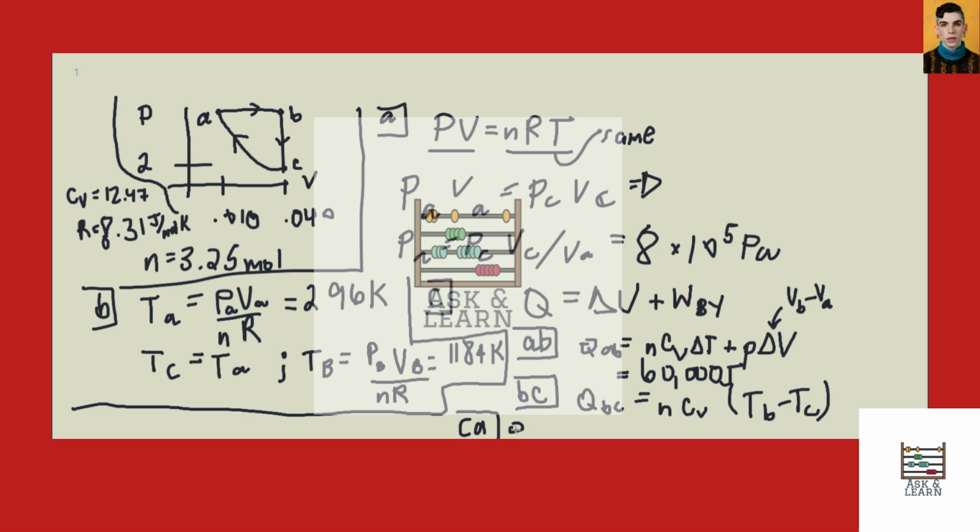All right, and then C to A, yes, I'm going for it. Q is equal to, okay, it's isothermal, so our delta T term dies.